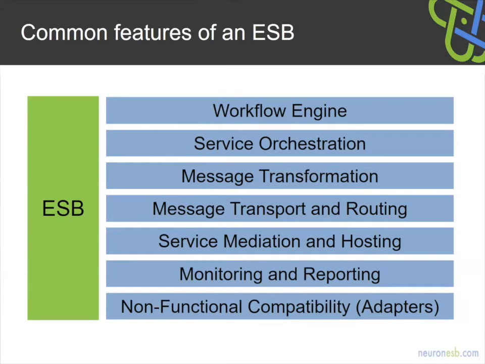As I said earlier, ESBs have evolved beyond just mere messaging capabilities. Today, many ESBs, notably Neuron, have evolved into full-blown integration brokers, shipping with pub-sub messaging systems, usually some kind of graphical business process automation tool, some long-running workflow, like Neuron, as well as some service and API mediation hosting capabilities.